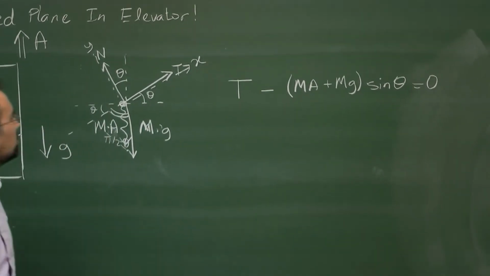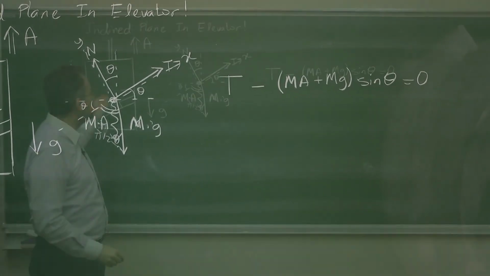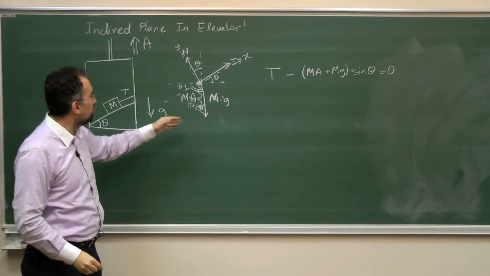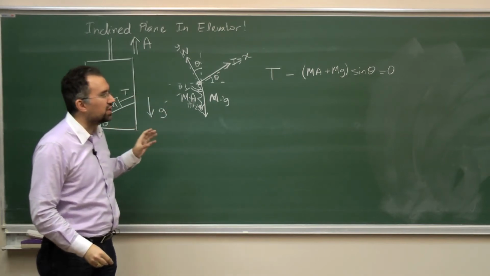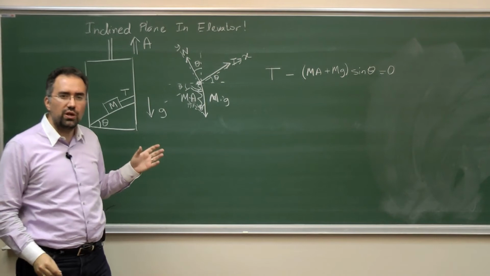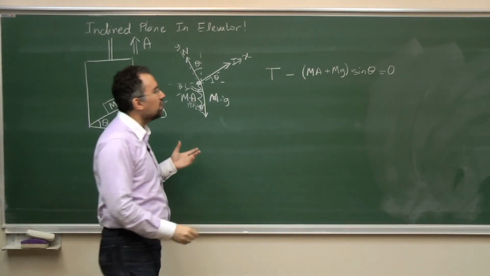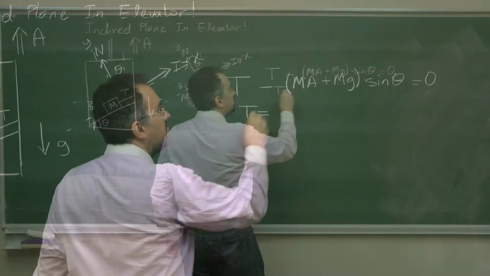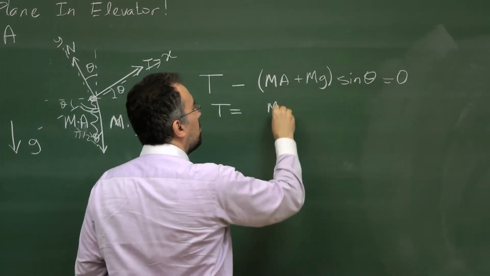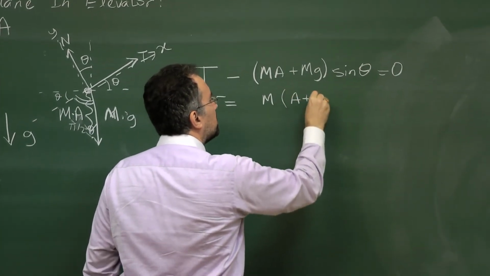It's 0 because in this accelerating frame, where I use the ghost force, the mass is just stationary. From this equation, T drops out as T equals m(a plus g) sine theta.